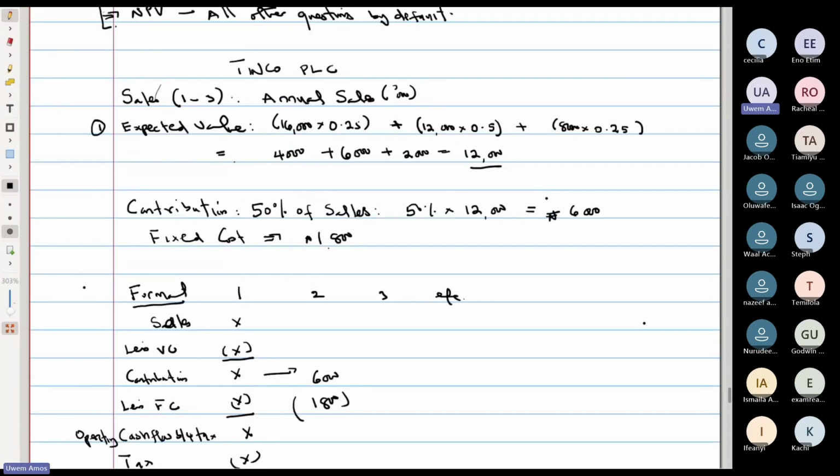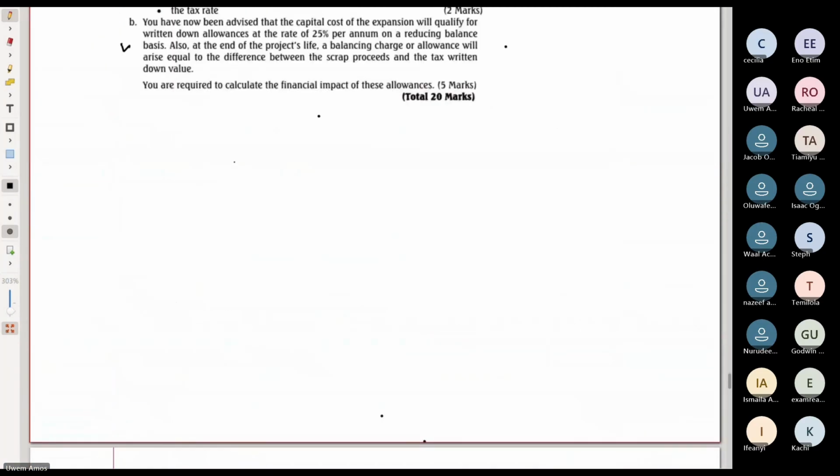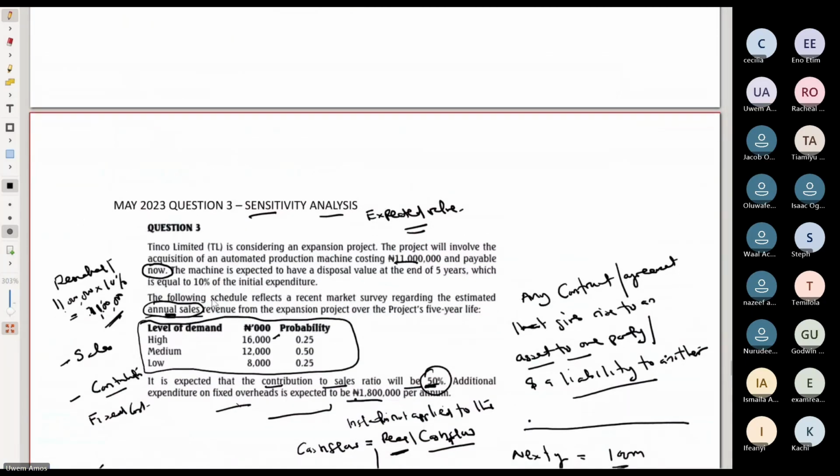The question tells us that the machine is expected to have a disposal value at the end of 5 years, which is equal to 10% of the initial expenditure. So what is the value?